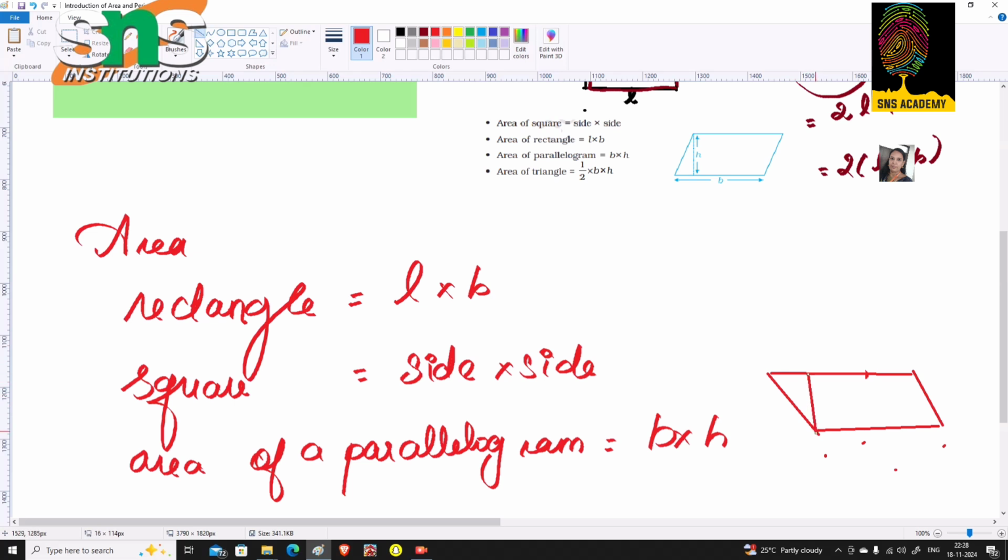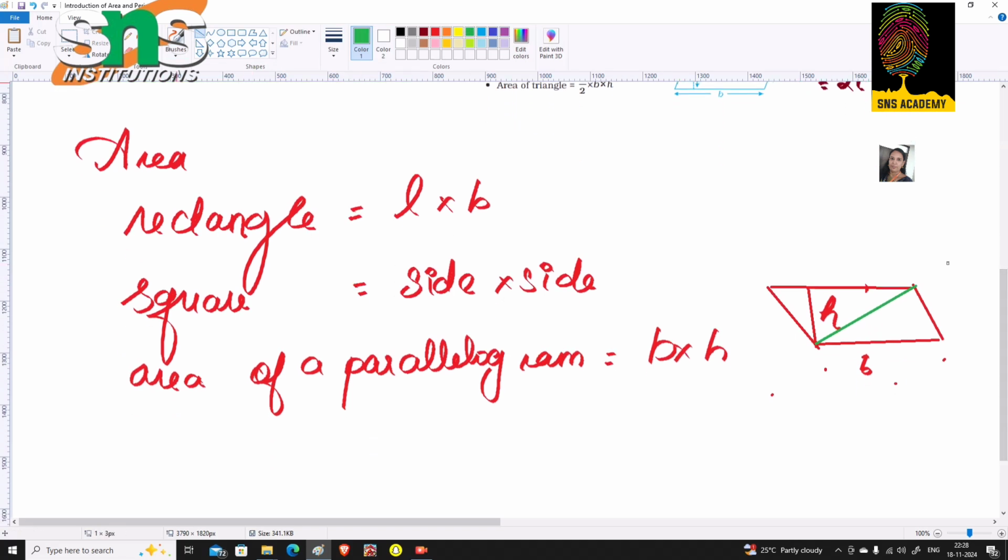So the height is always a line segment that meets the base at 90 degrees. So here is the height and here is the base. Suppose we divide a parallelogram into two equal halves, we will get triangles. So from the parallelogram formula we can get the triangle formula also.